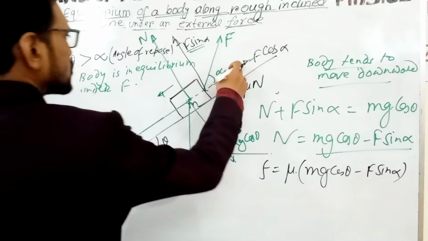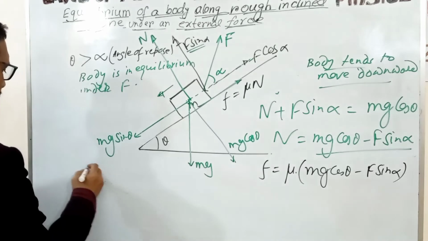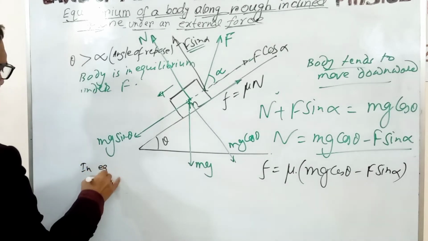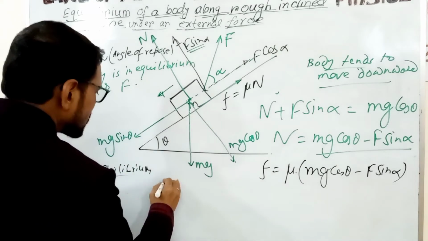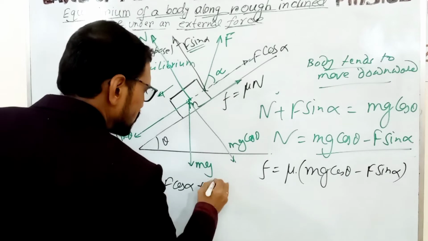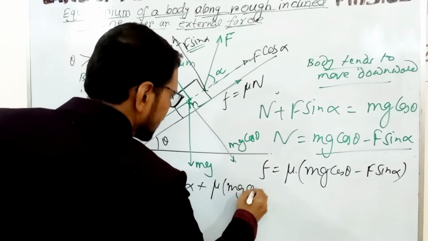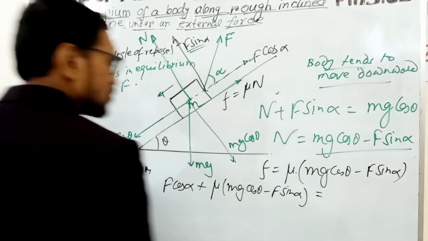Now this force plus this force balance mg sin theta. So in equilibrium, F cos alpha plus friction, that is mu into this, balances this force.